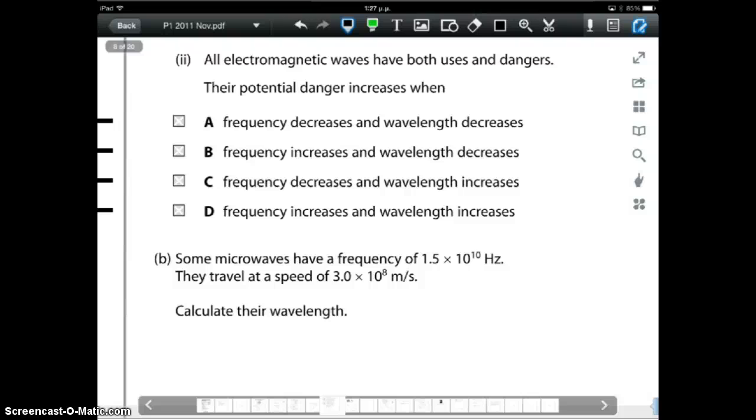But perhaps we also need to recall from the wave equation that the speed of any wave is equal to the frequency times the wavelength, but also we've been reminded that all electromagnetic waves have the same speed in vacuum. So the ones that have the higher frequency, ultraviolet, X-ray, gamma in that order, must have the smaller wavelength. So it's high frequency and low wavelength. That is B.